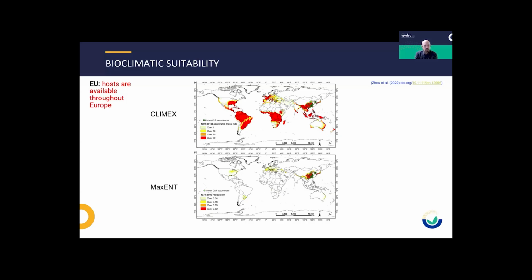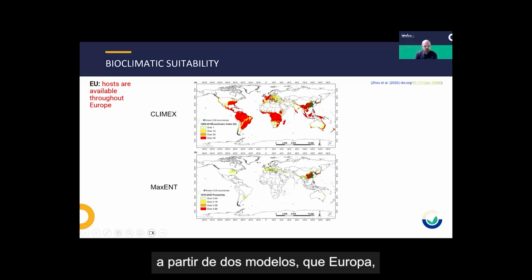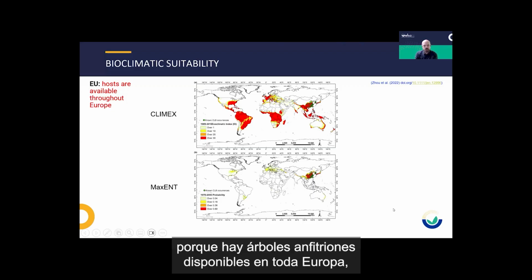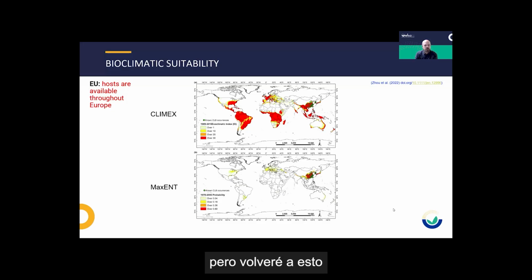You see for 2 models that Europe, especially Western Europe and the southern part of Europe, is very suitable for this species. Most problematic is the climate, because the host trees are available throughout Europe, but I will come back to that later.